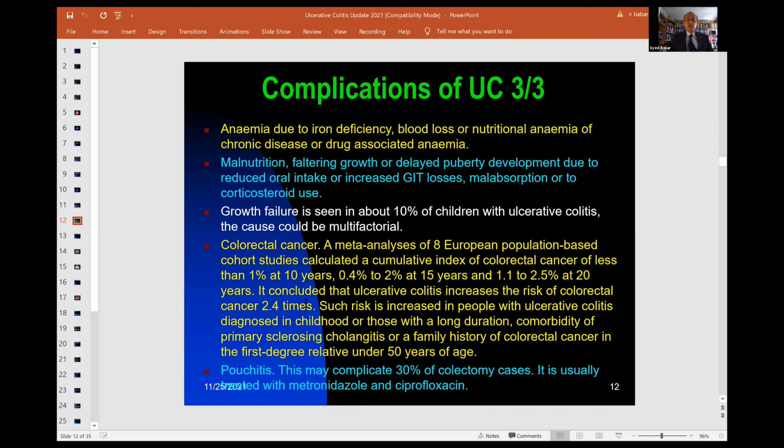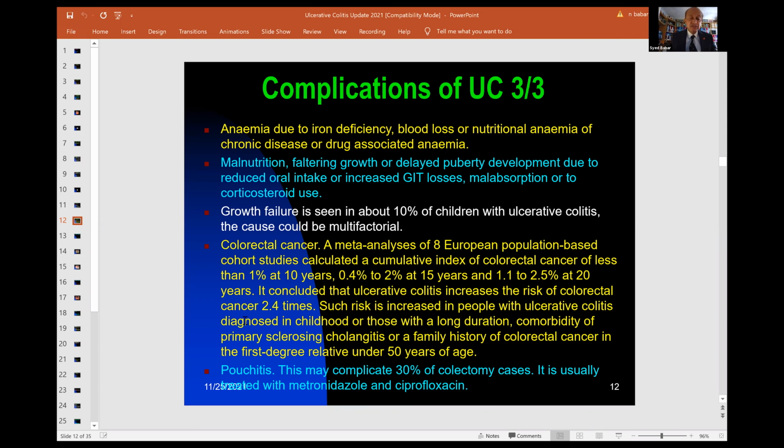There is a term called pouchitis, and that means that when ulcerative colitis is significantly severe, removing of the colon becomes necessary. And then when it does, then some sort of a storage surgery can be undertaken with an ileal loop acting as a reservoir.